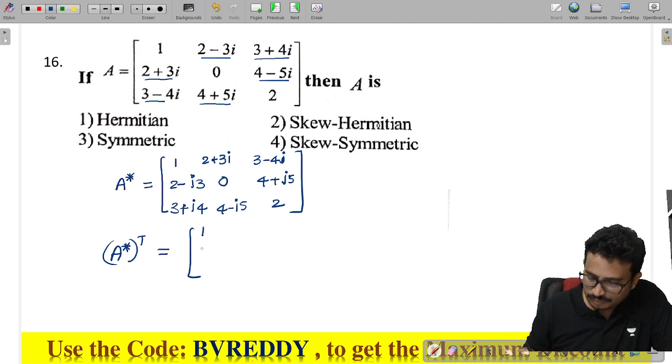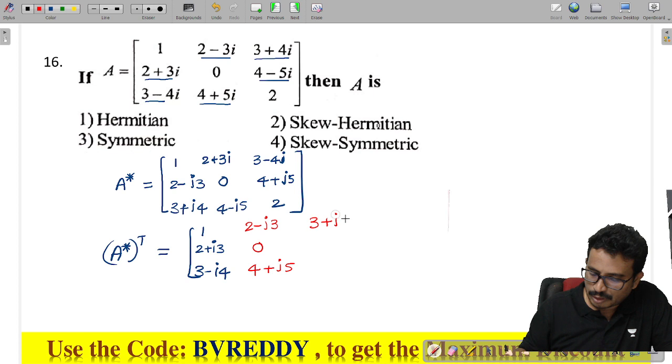This is 1, 2 plus 3i, 3 minus 4i, and 2 minus 3i, 0, 4 plus 5i, and 3 plus 4i, 4 minus 5i, and 2.